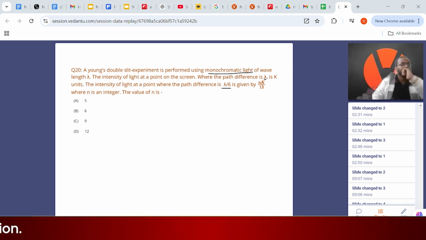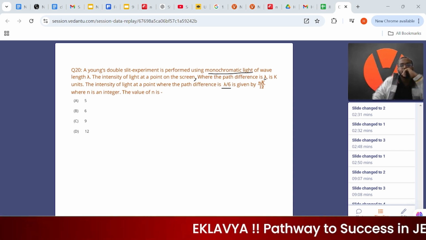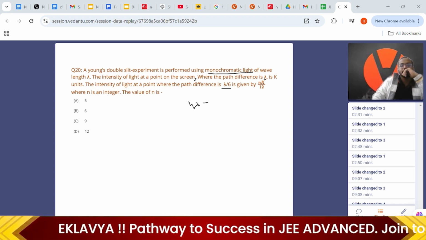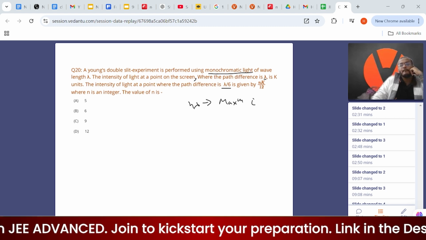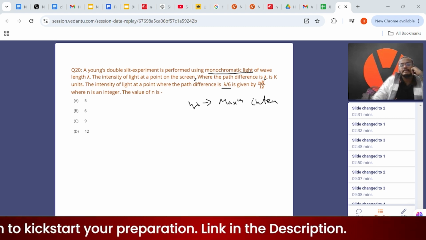Okay, so now intensity at this point where the path difference is n lambda is the maximum intensity.